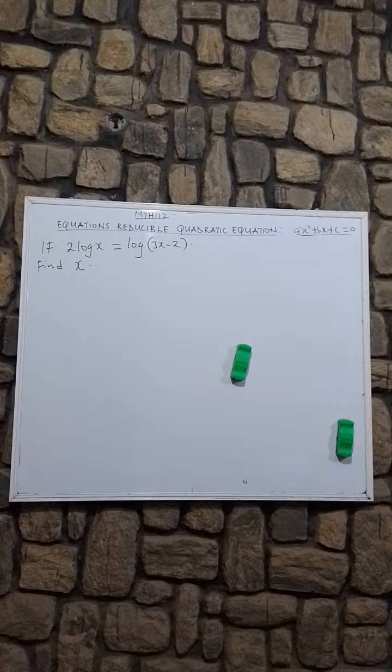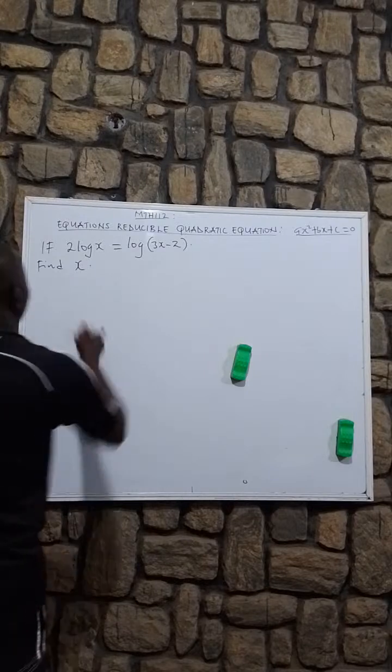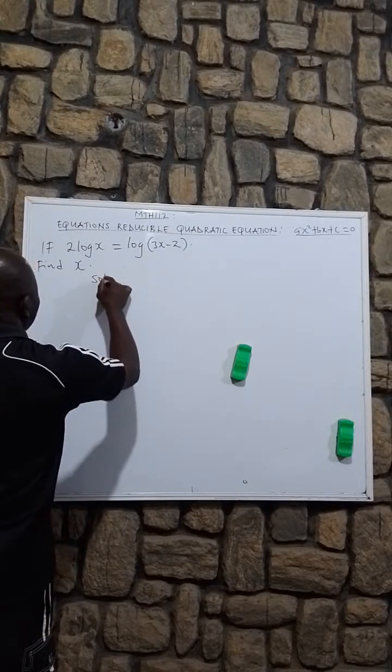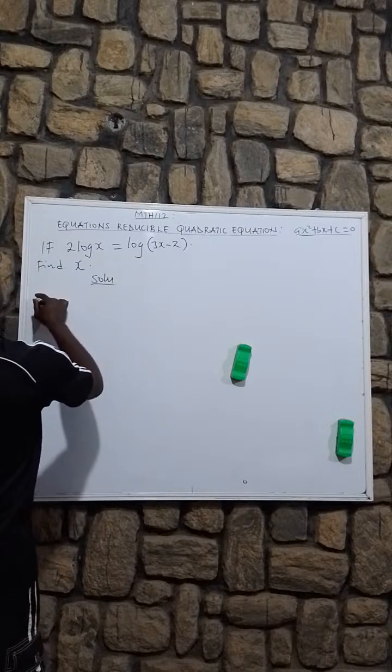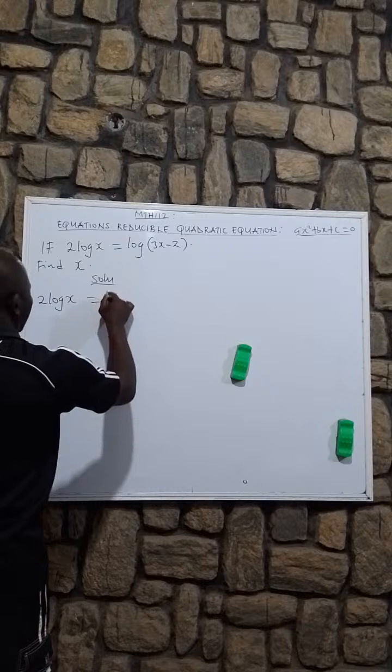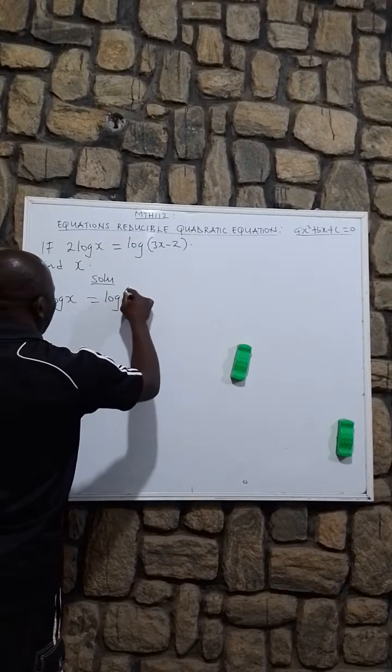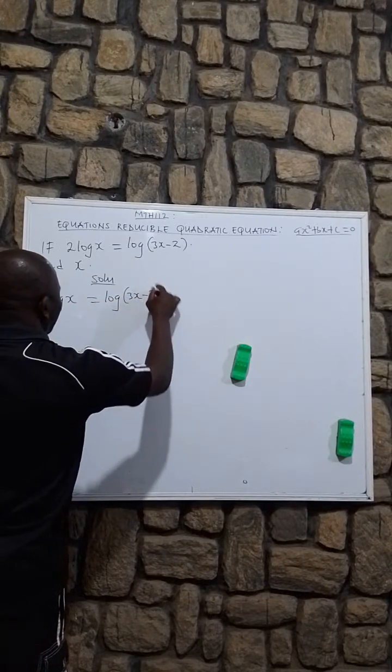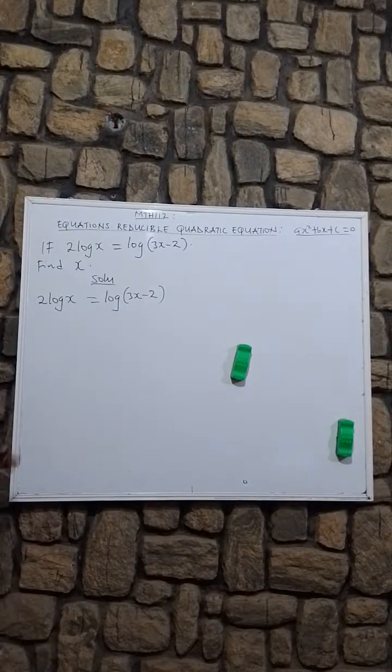So what do we do? Let's write the solution. 2 log x is equal to log 3x minus 2. So we have to reduce this to a quadratic equation.